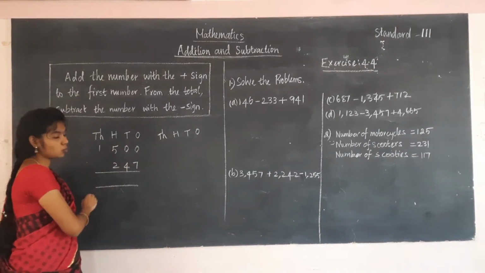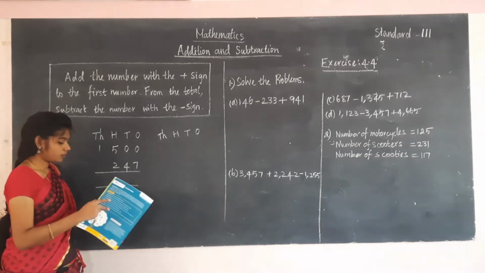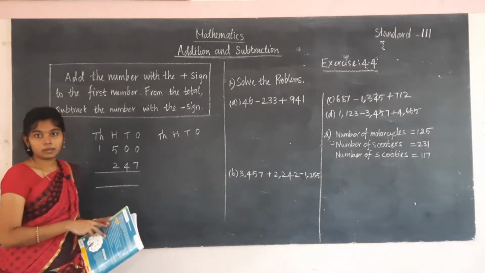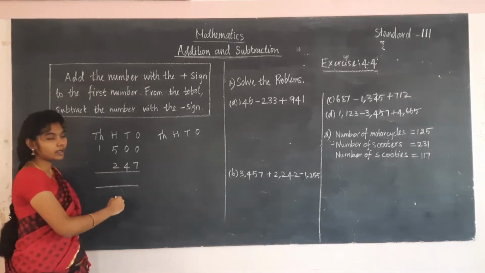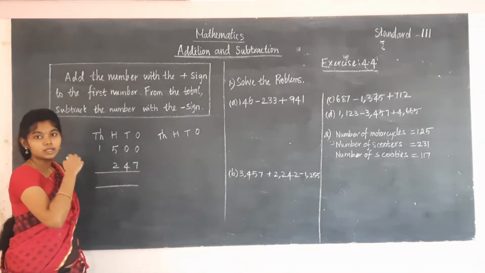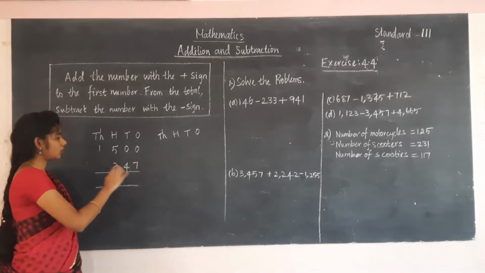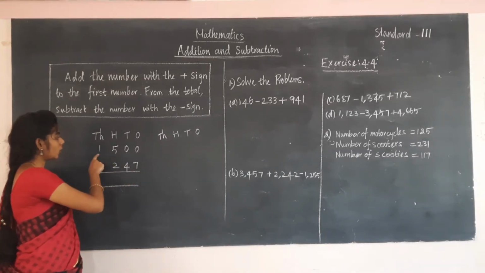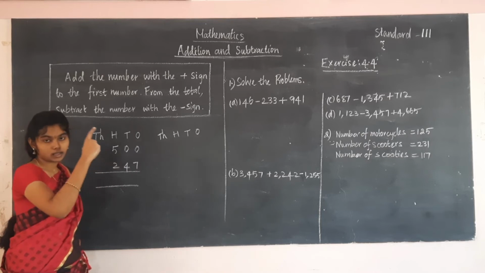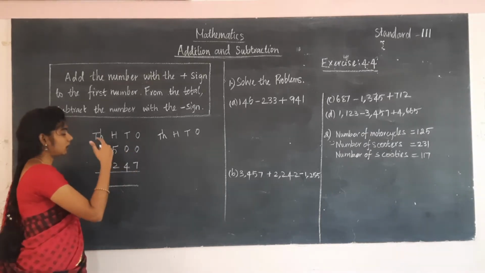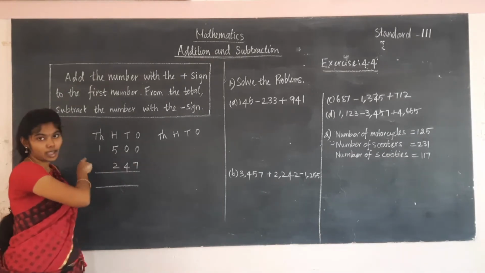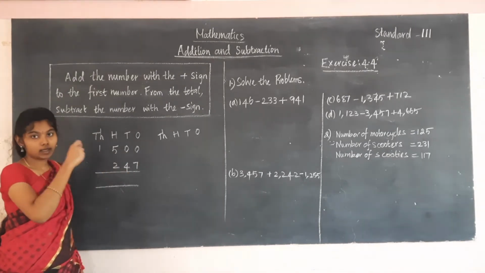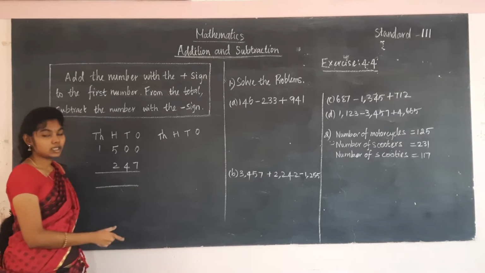So likewise in this problem, Varuna has made pani puris for the refreshment after the function. So we are going to calculate the number of pani puris that she made for the refreshment. The first number is the number she made for the function, that is 1500, which I have written here.